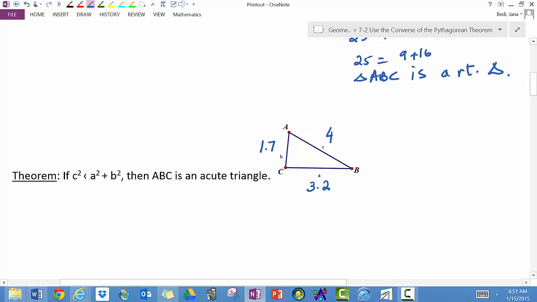Okay, so I'm going to arrange these in ascending order. This is my longest side. Is 1.7 plus 3.2 greater than 4? That gives me 4.9, which is greater than 4. So a triangle is possible.